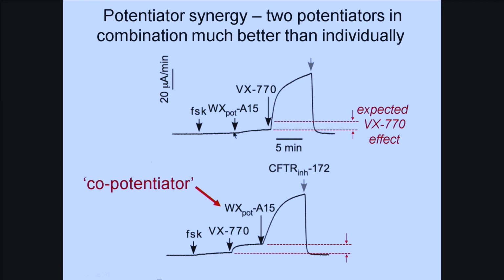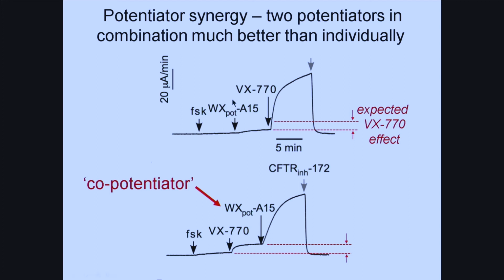Here we add one of our potentiators, which produces almost no signal. Then after that, he added Vertex 770, expecting to see the maximal signal, which we knew from other experiments should be about this much. But instead, he found a nearly 10-fold increase in signal. So it was an unexpected, remarkable synergy between two potentiators.